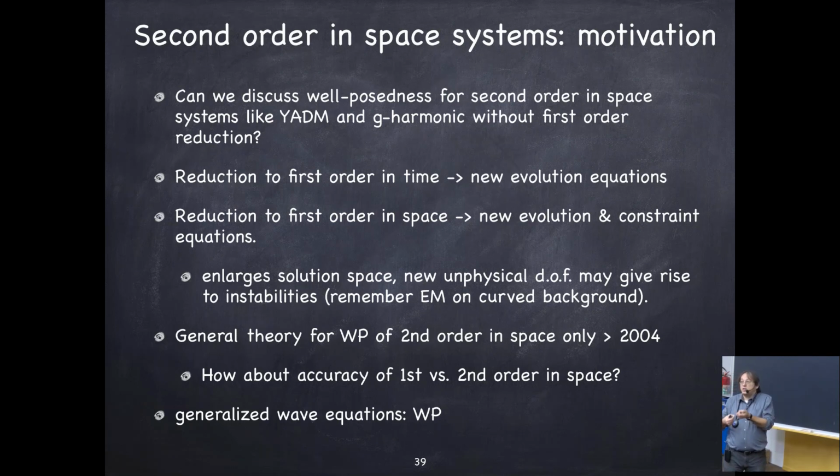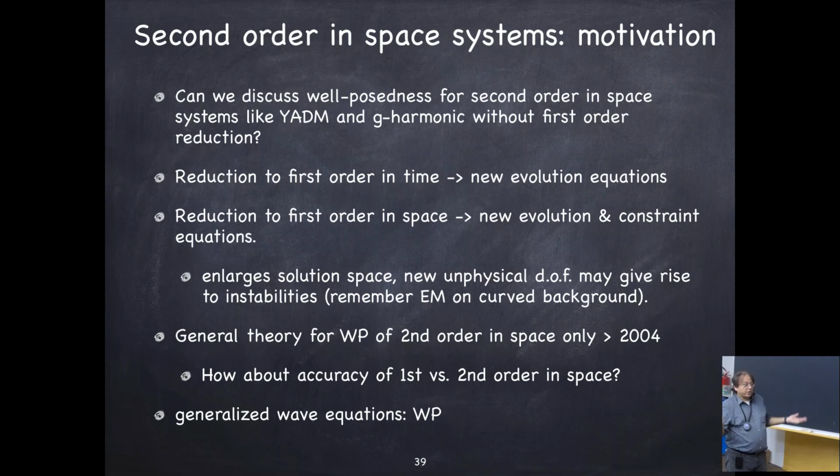It doesn't really change the well-posedness properties of your equations at all. But if you reduce to first order in space, you have new evolution equations and new constraint equations. This makes your solution space a little larger, which gives new unphysical degrees of freedom, and these may give rise to new instabilities, which you have to treat.